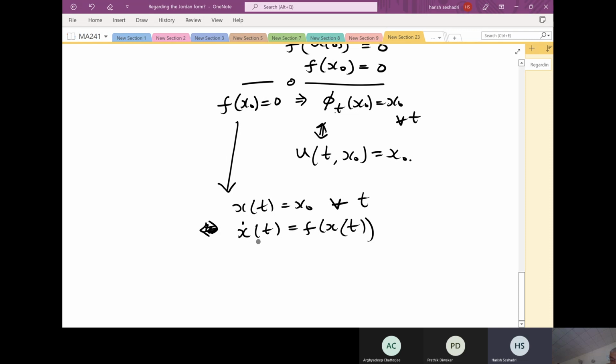But x dot t, from the way we have defined it, is 0.